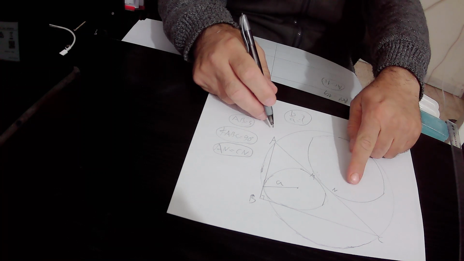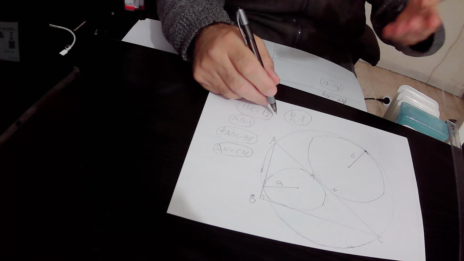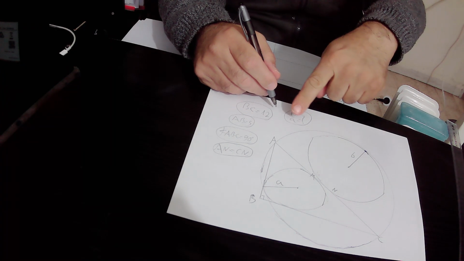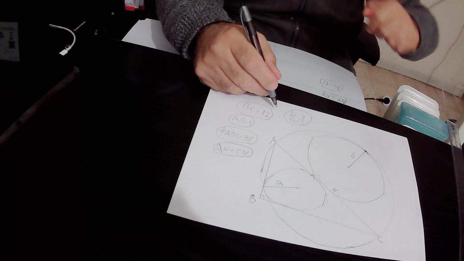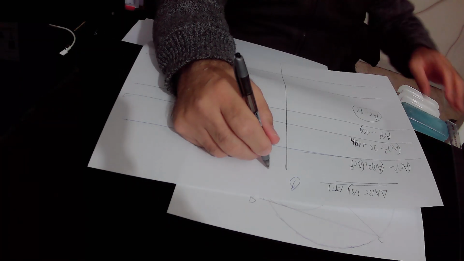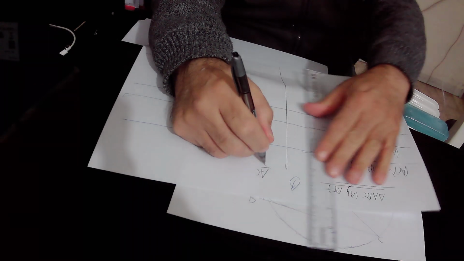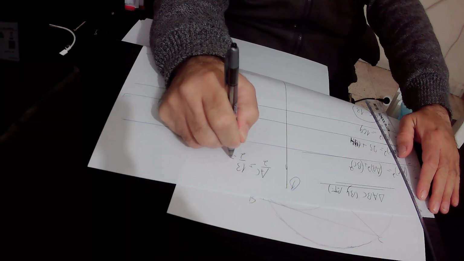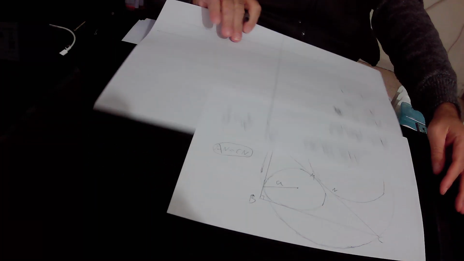Because AN equals NC, it means that at point N, the hypotenuse is bisected into two halves. The first half is AN and the second half is NC. So AC over 2 is 13 over 2, that is equal to each half of the hypotenuse AC.